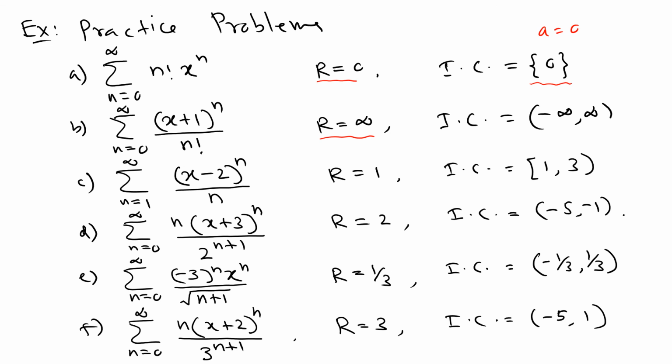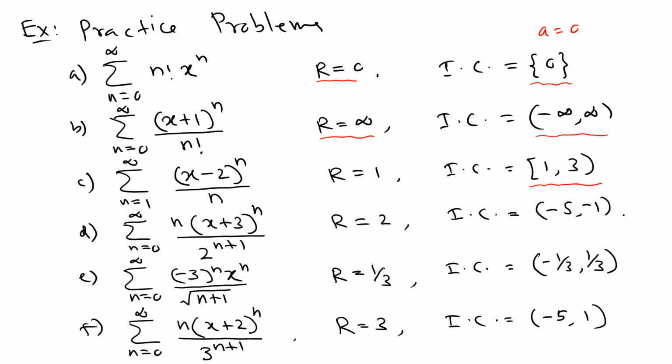That means it converges everywhere, so it's negative infinity to infinity. And all the other values are finite: R equal 1, R equal 2, R equal 1/3, and R equal 3. And also some are closed on one side and open on the other side, the second one is open on both sides, and everything else is open on both ends.